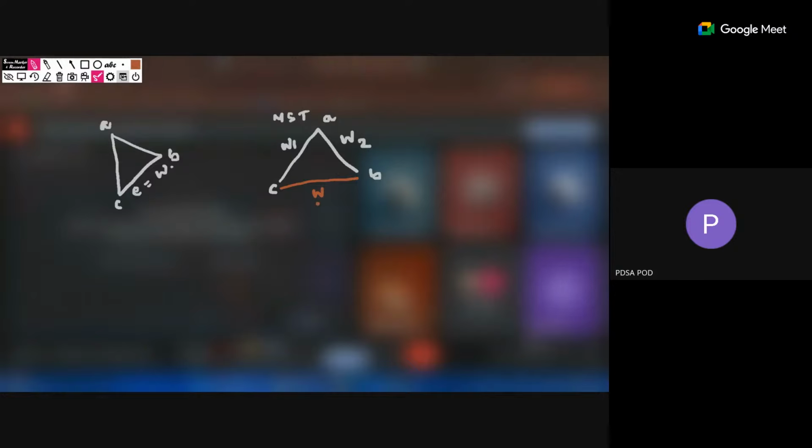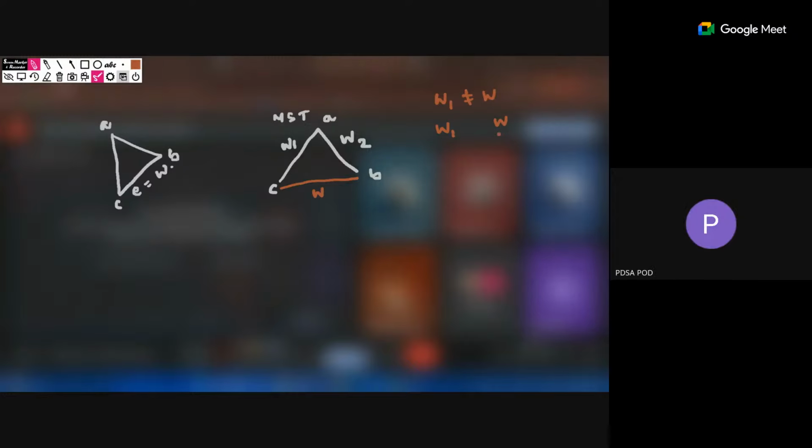Now the claim is that W1 and W2 are equal to W, right? So now let's say that W1 is not equal to W. What can be the possible values of how W1 and W will be related? The first statement says that W is the minimum weight of all the edges, right?